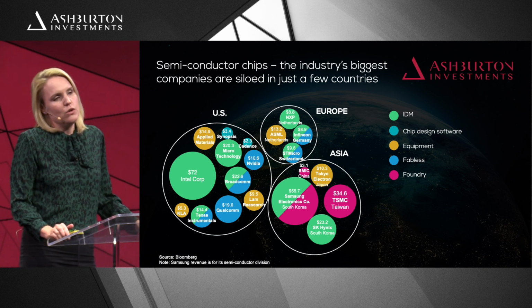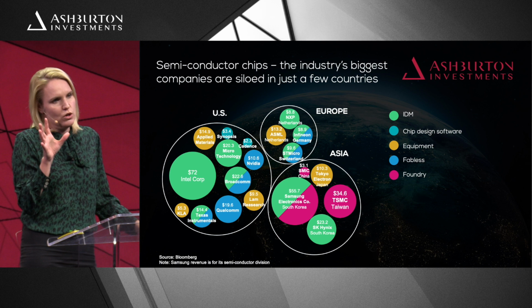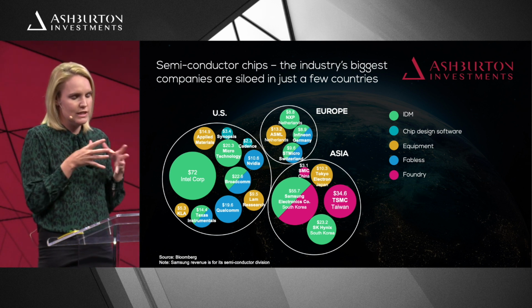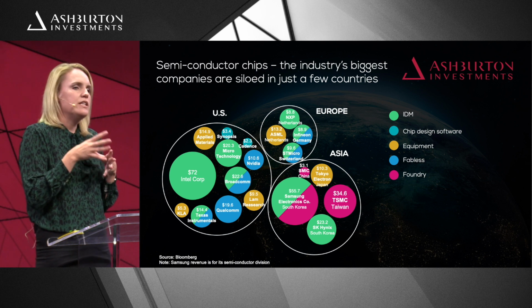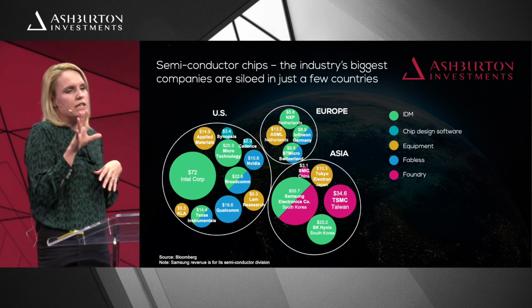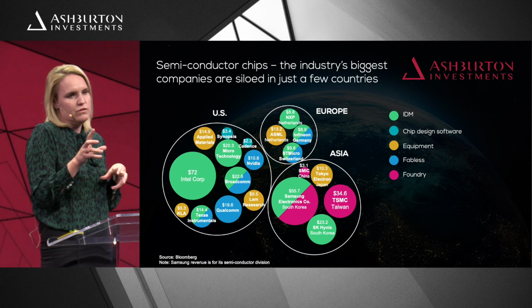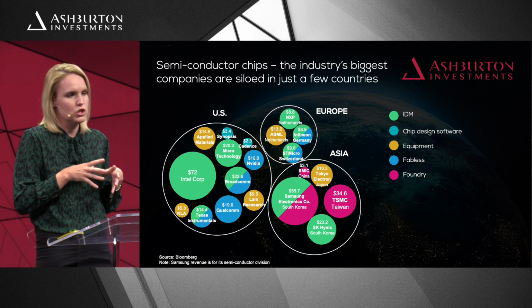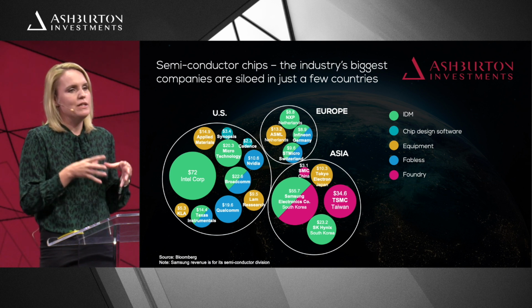What's interesting about this market is that most of the companies that play within the semiconductor chip market are in the US, Europe and Asia. But what's interesting about the chart in front of you is that a lot of the actual manufacturing of semiconductor chips for third parties happens in Asia.